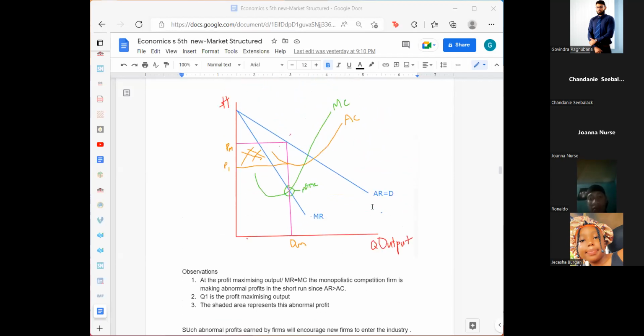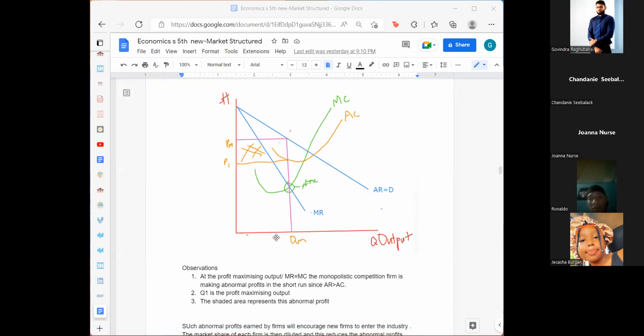Looking at the observations from this curve, I think yesterday we ended just at a graph because it was a short session. This one might be reasonably short too, but at the profit maximizing output, which is MR equal to MC, we say the monopolistic competitive firm is making abnormal profits in the short run since AR is more than AC.